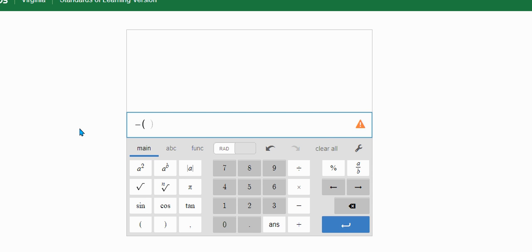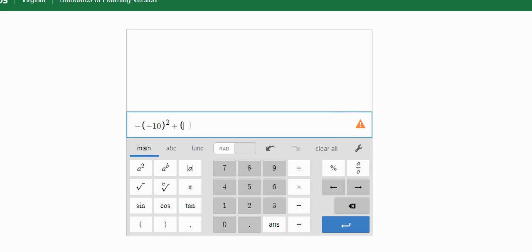So negative 10 squared. So you can either just hit this button, or you can hit this button, hit that button, and then type in a 2. Or you can hit Shift and the 6, and that automatically gives you that exponent, and you can type in whatever you want.